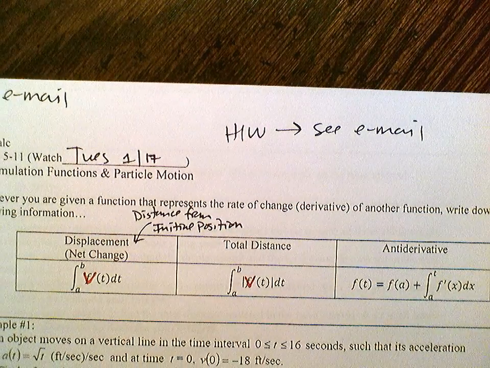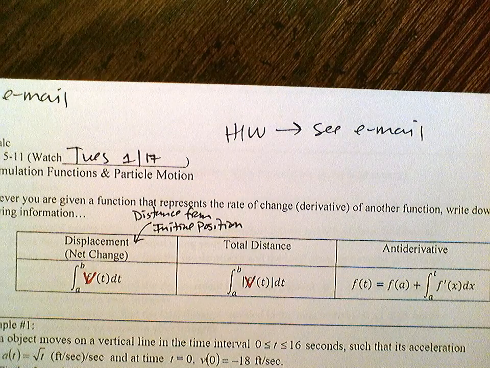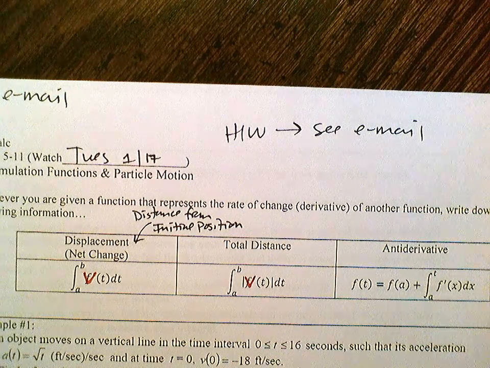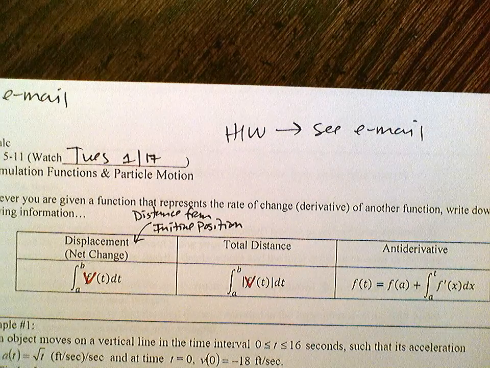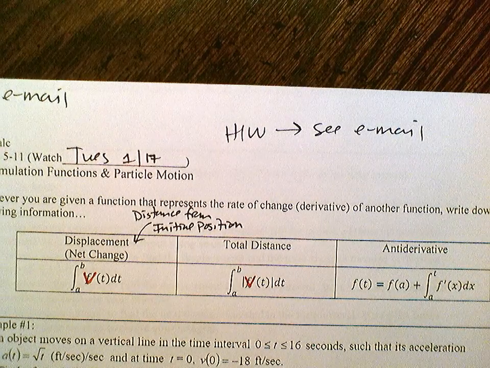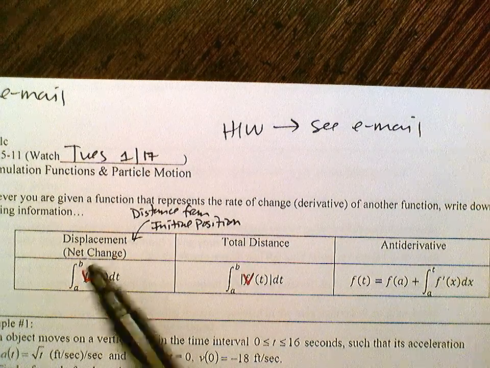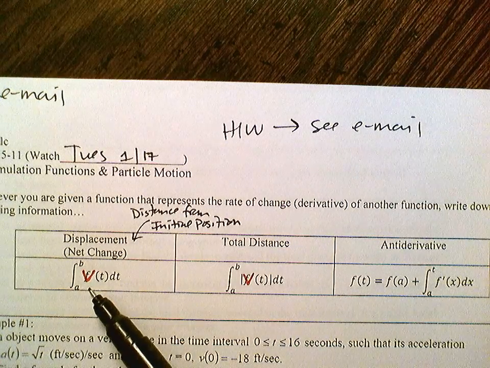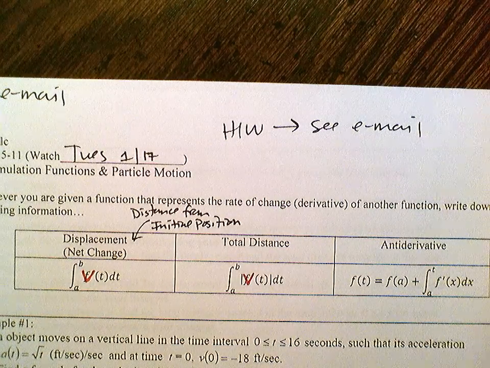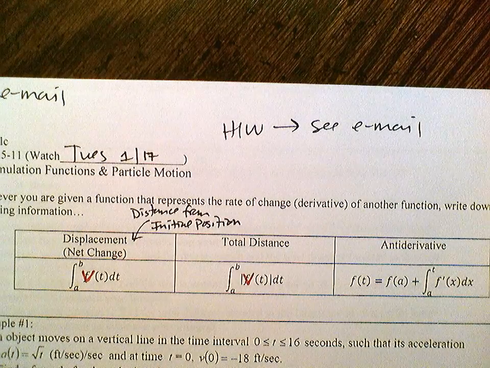So when you're dealing with particle motion, this net change is called displacement, and it is the distance from the initial position. The way that you can find it, guys, is the area under the curve, or the integral from a to b of the velocity function, and that will give you the displacement, the distance from the initial position.